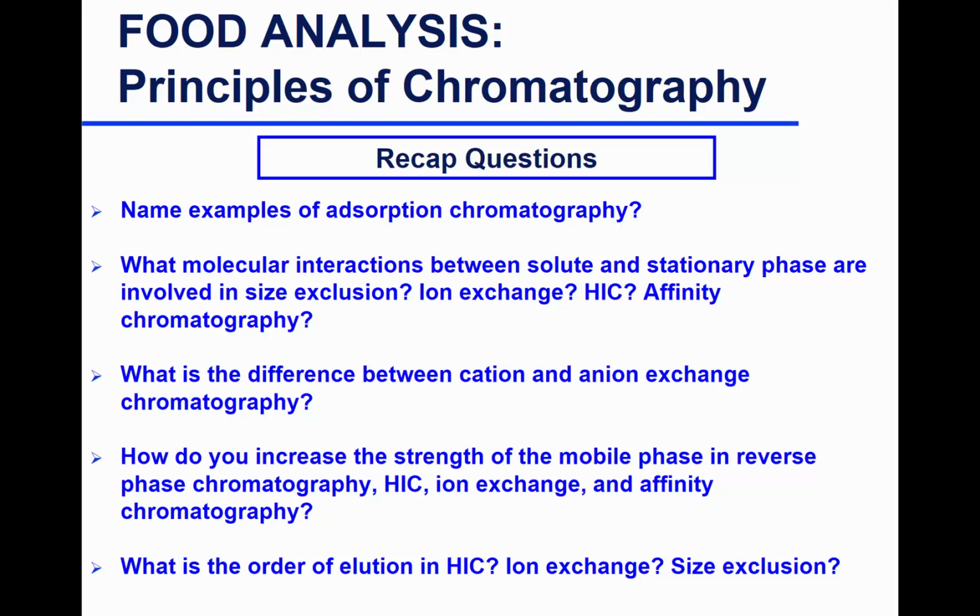You change the conditions, you change the ionic status of them. That's non-specific. For specific, whatever ligand you have on the stationary phase that is interacting with the molecule, you can add the same ligand in your mobile phase. So now the mobile phase has a compound that will interact with your solute, and that will compete with the column.